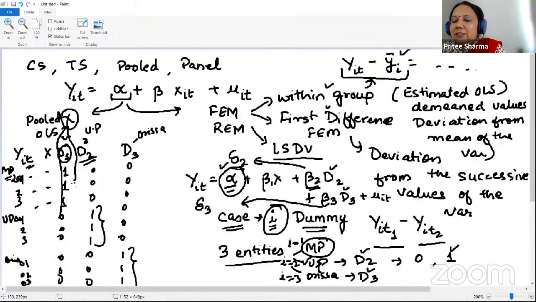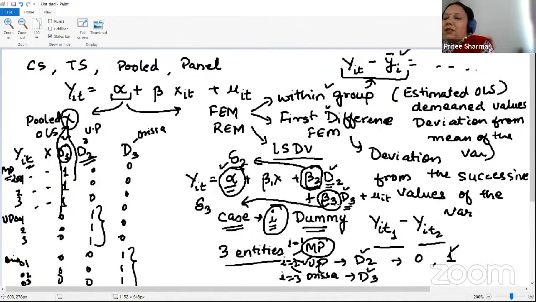There were two things which I explained. Number one is that when we are estimating this model, this estimator is going to tell us the impact of this particular state, which is Uttar Pradesh. And delta 3, with respect to the dummy variable 3, is going to tell us the coefficient for the state Orissa.